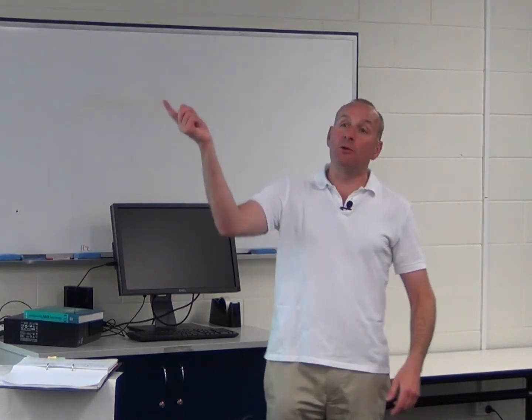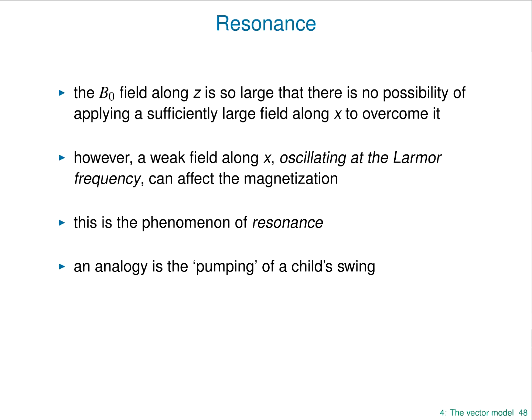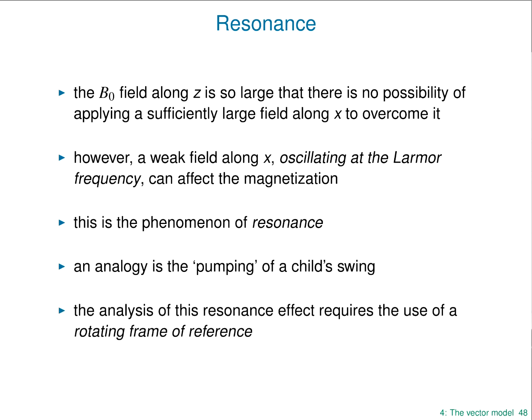And that's exactly analogous to what you do in NMR. We know that the magnetization wants to precess at the Larmor frequency. So what we do is we apply an oscillating field which is oscillating in synchrony with that precession. And if you do that, a very weak field can actually have a strong effect on the spins, even though the field you apply is much, much less than the static magnetic field B0.